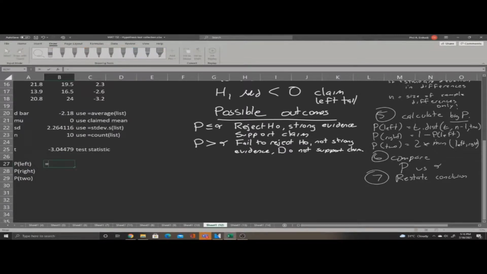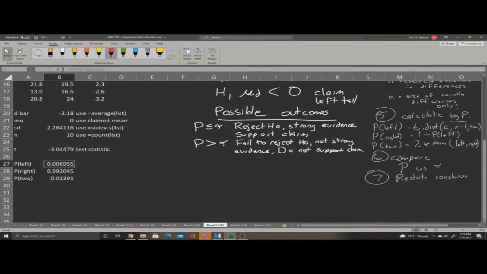To get the left tail, we say t.dist, click on the test statistic, comma, n minus 1, comma, true. This gives us our left tail value. For the right tail, we say equals 1 and then subtract the left tail, and then the two tail. We'll say equals 2 times minimum of the left and the right. We select them both, press enter.